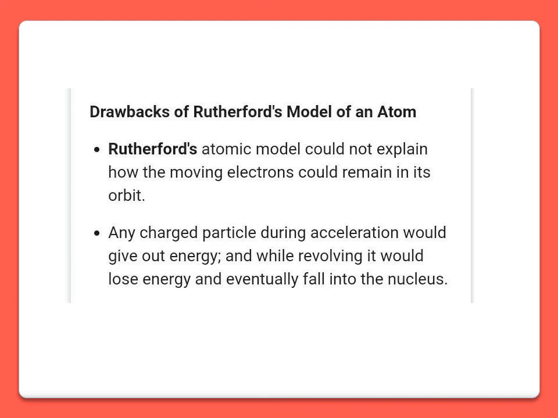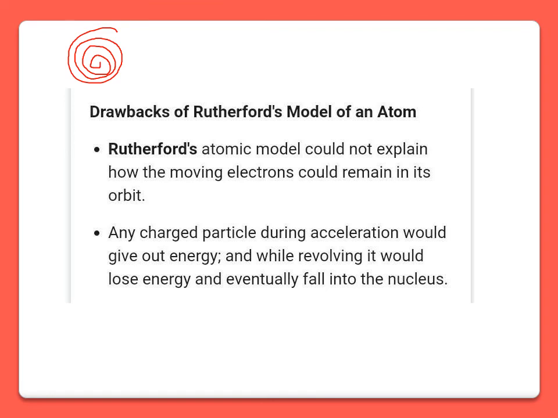The Rutherford atomic model could not explain how the moving electron could remain in its orbit. Okay, actually when an electron is moving on a circular path, it will lose energy. Yes, it will lose energy, and it will lose energy, and finally what will happen?